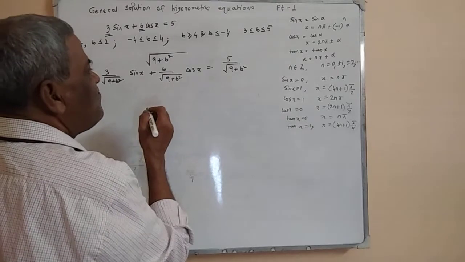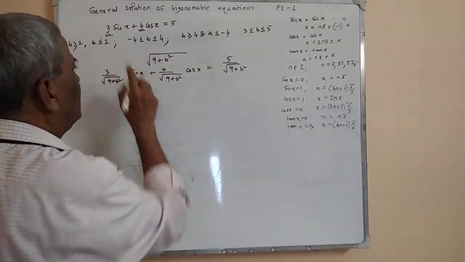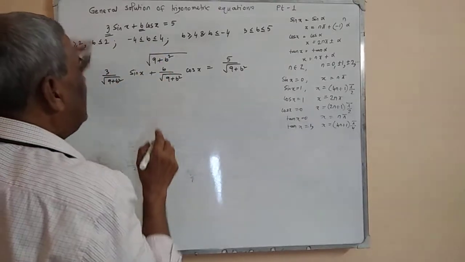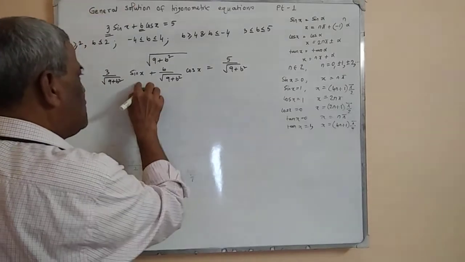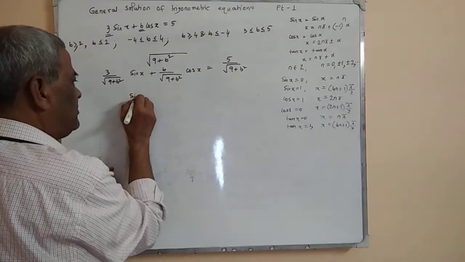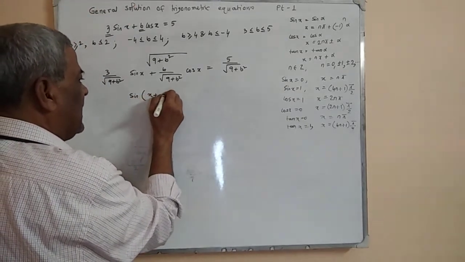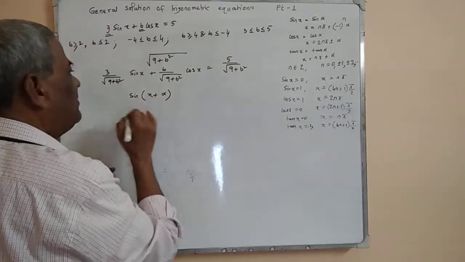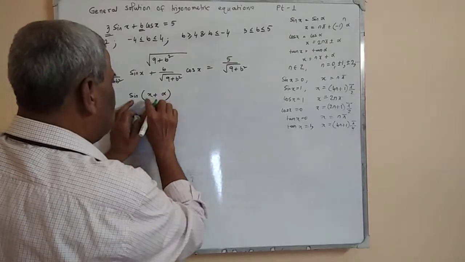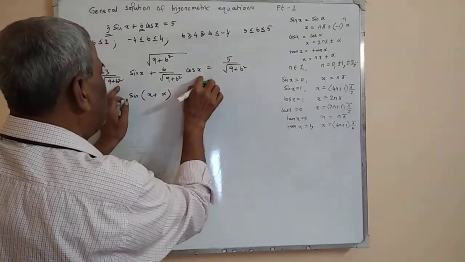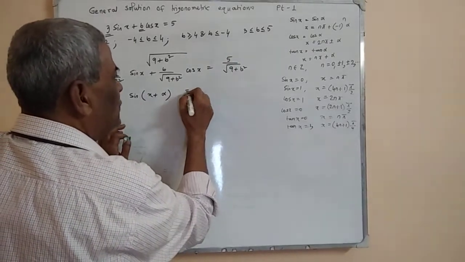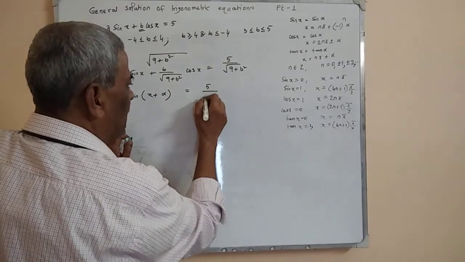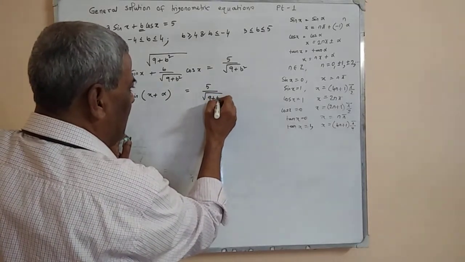That is, we have to find the range of b. This is equal to sine of x plus alpha. What is alpha? Just now I am telling it. Sine x plus alpha is equal to 5 by root over of 9 plus b square.